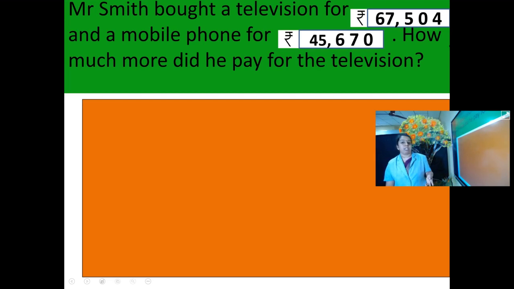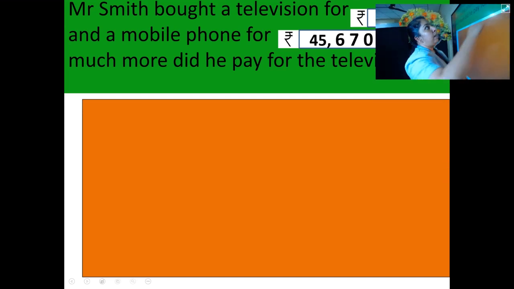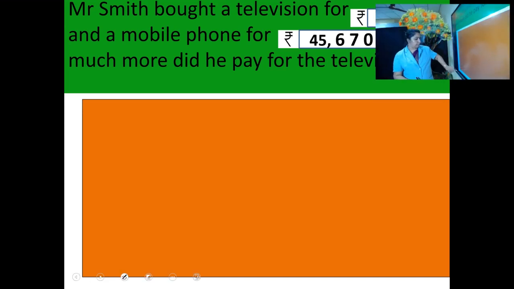How much more? We learned in the subtraction lesson. How much more means what you have to do? Yes, the statement is how much more. You have to do the subtraction. So what is the first step? Read the first line. First line is the first step.